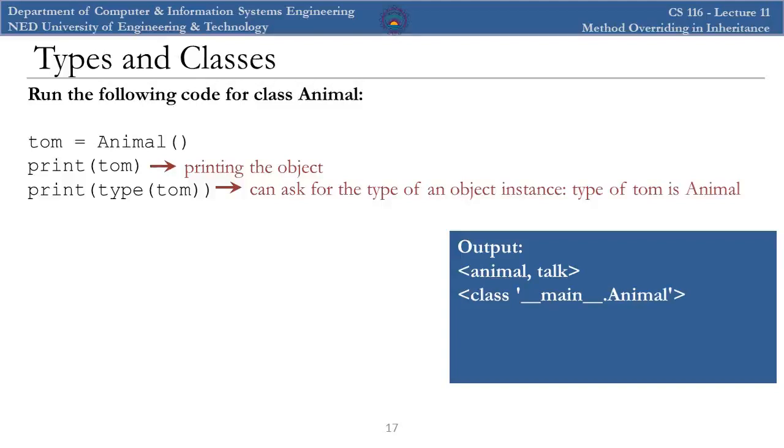And this main written before this animal, main.animal, means that this class animal is defined in the main module, right? So what we have done is we have created our own class. Animal is our own class, or we can say we have created our own type called animal, right? And this type function works with it the same way as it works for other types.